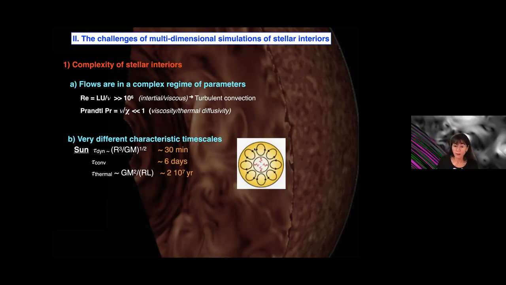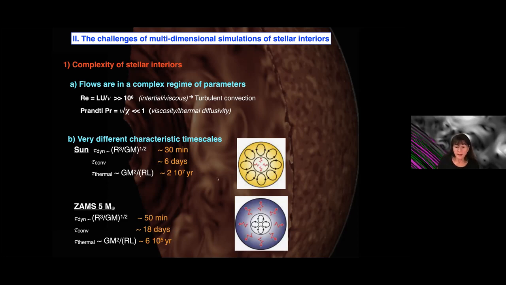So you have really a wide range of characteristic time scale. Same problem for example, a 5 solar mass star, which is on the ZAMS and would be a prototype of a star with a convective core and a radiative envelope, where the dynamical time scale is less than an hour. The convective time scale is about 18 days, and the thermal time scale is orders of magnitude longer, typically 10 to the 5 years.